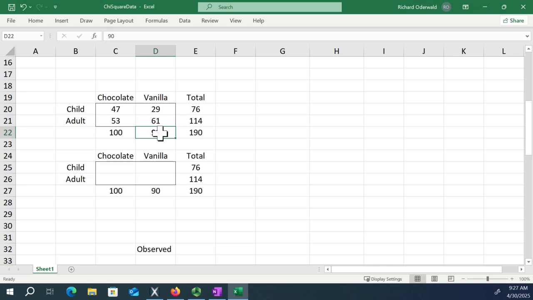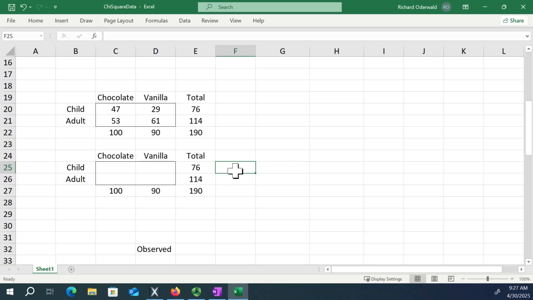So I want to know, is the age independent of the ice cream flavor preference? Do children and adults prefer chocolate and vanilla the same? The only thing you have to do is calculate the expected value. In here, I have 76 out of 190 people.